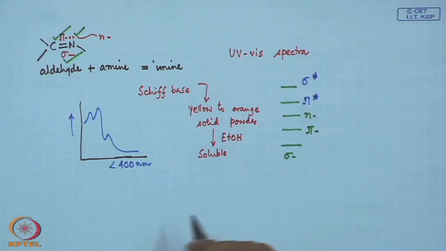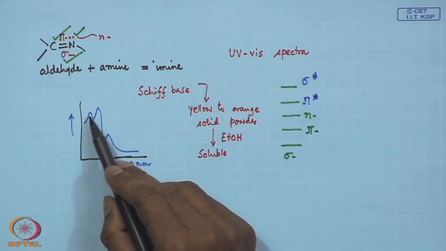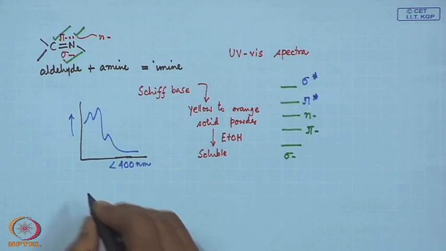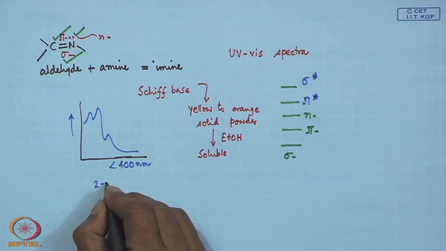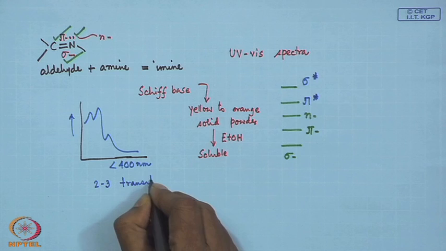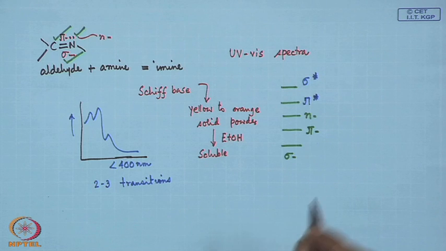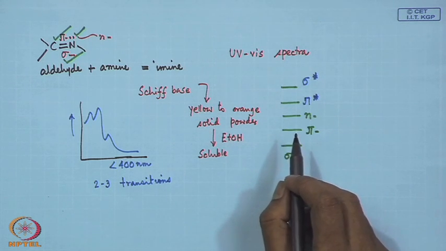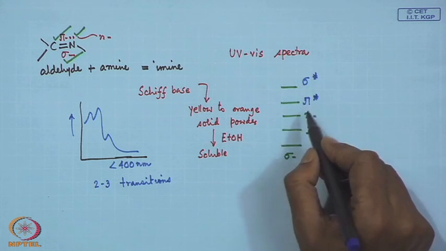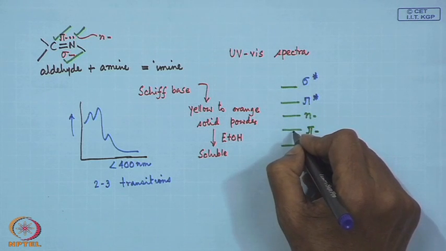So, we have the corresponding pi antibonding orbital as the pi star and the corresponding sigma antibonding orbital as the sigma star. So, during these electronic transitions, in most of these cases we have 2 to 3 transitions, and sometimes they are very high intensity transitions, that means the charge transfer transitions what we have discussed earlier in this particular class.